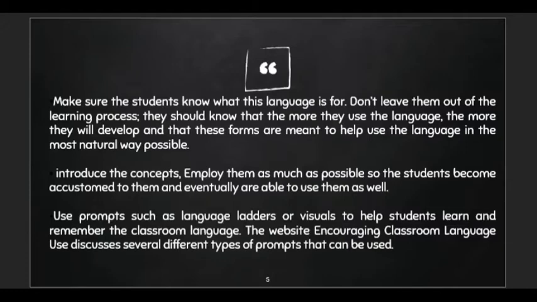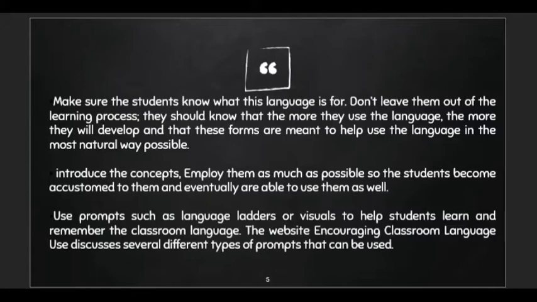And next, make sure the students know what this language is for. Don't leave them out of the learning process. They should know that the more they use the language, the more they will develop, and that these forms are meant to help use the language in the most natural way possible.